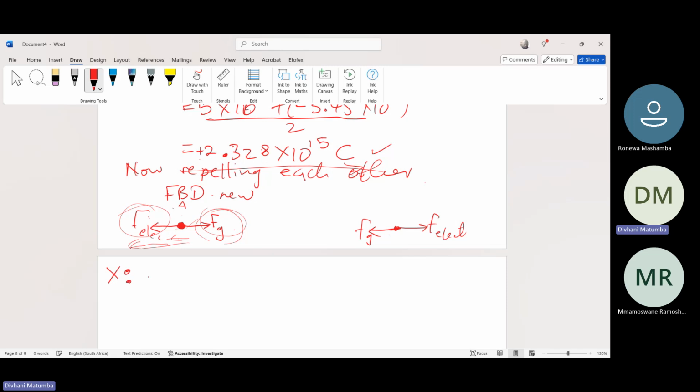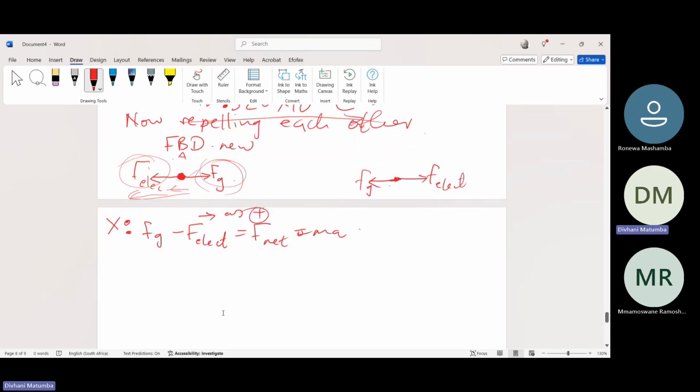So it's going to be Fg minus F electric equals ma, or F net. Yes. Okay. So Fg will give us, what we are looking at, what we will get out of Fg, the formulas.